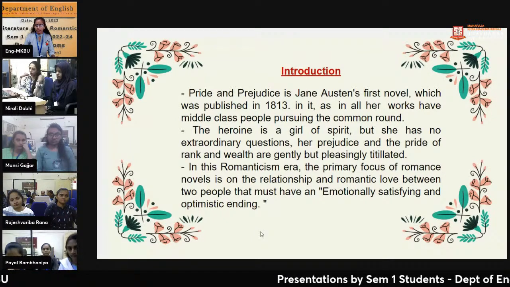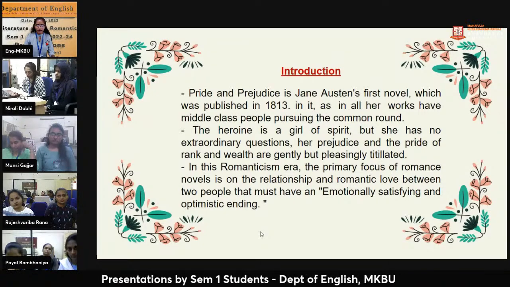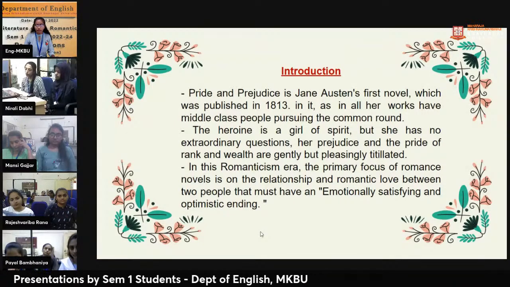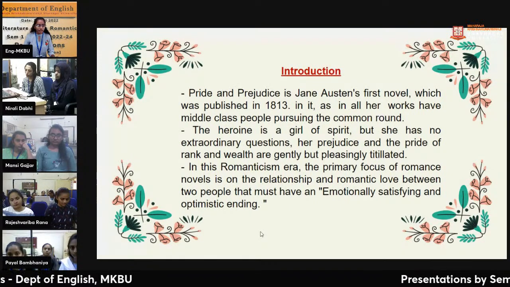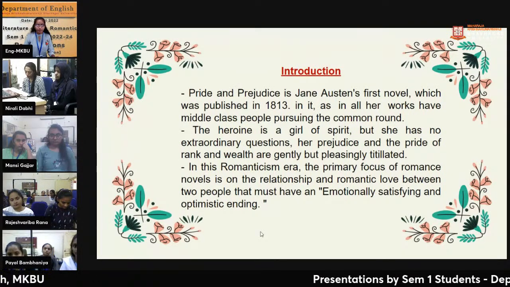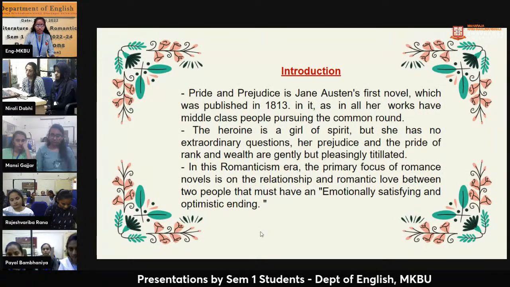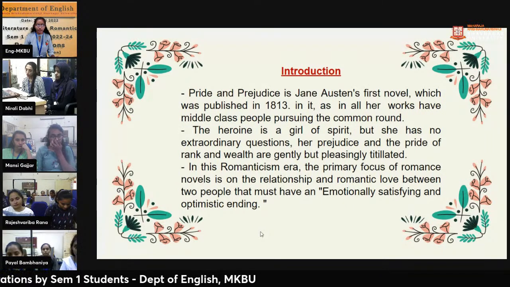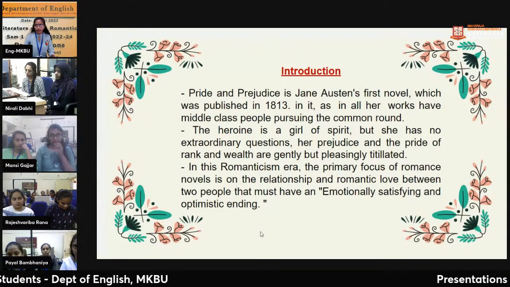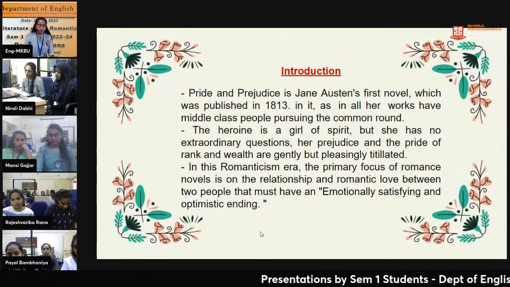Her prejudice and the pride of rank and wealth are gently but pleasingly titillated. In this Romanticism era, the primary focus of romance novels is on the relationship and romantic love between two people that must have an emotionally satisfying and optimistic ending.